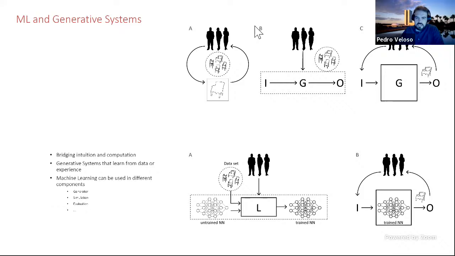So the idea is that instead of programming your own generative model, going there and coding how your generative model is going to create chairs, for example, instead of doing that, like you have here in B and C, you can use something like a data set. You can use some source of knowledge about that object that you want to create. So imagine how many chairs were created at this point.